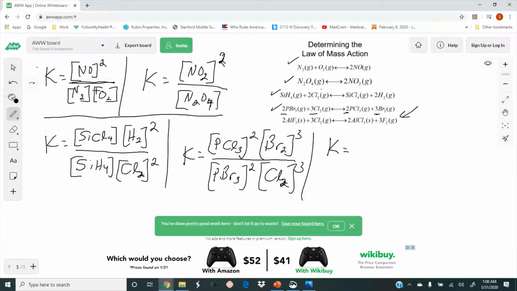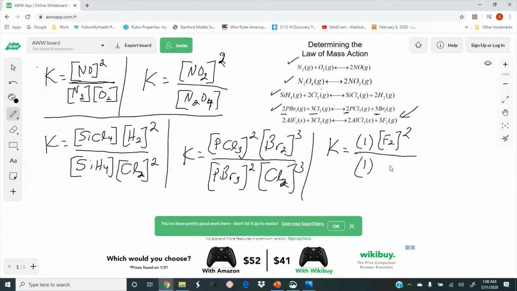Since AlCl3 is a solid, we plug in a 1 for it. 1 times the concentration of F2 squared, divided by AlF3, which is also a solid, so we plug in a 1.